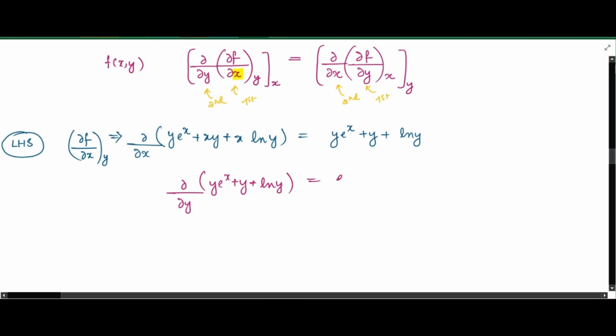Here e to the power x acts as a constant because you have kept x constant. The derivative of y is 1, plus the derivative of ln y is 1 by y. This is the LHS that you have. Correct?